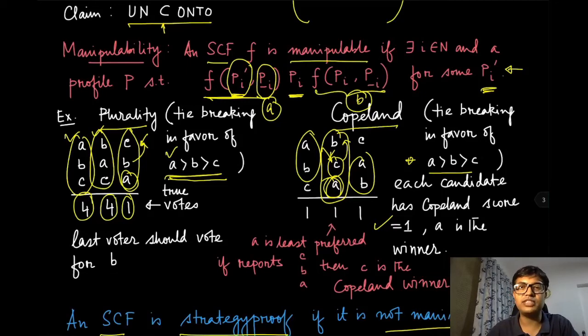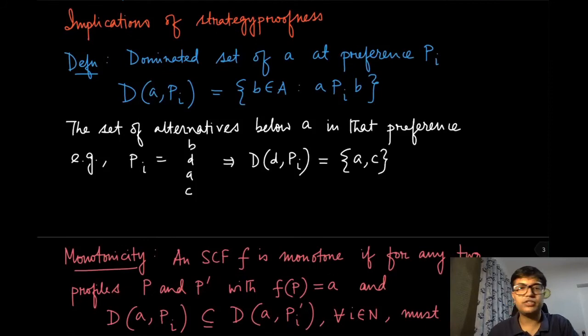And as we have discussed, for all i in N and for every profile P, the opposite of this implication should hold. So what is the implication of strategy proofness? Let us define a few things in order to understand this. We define what is known as a dominated set of a specific alternative A at a preference Pi.